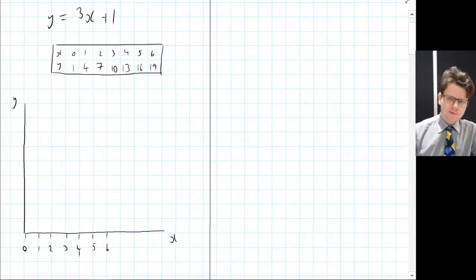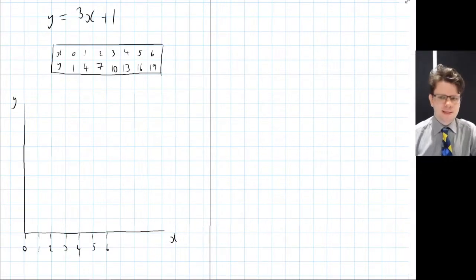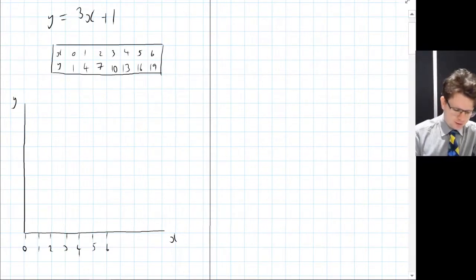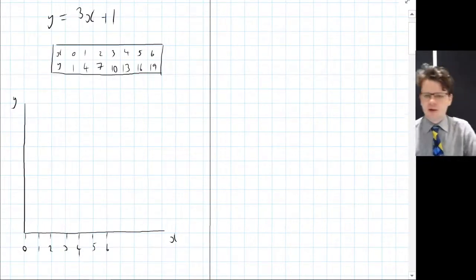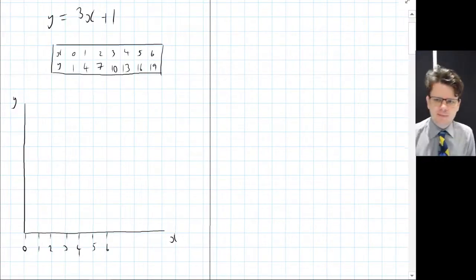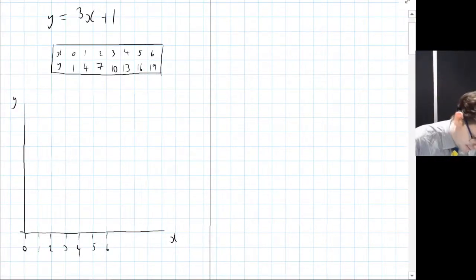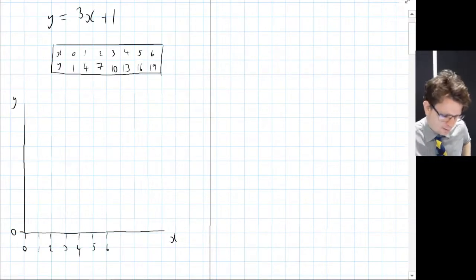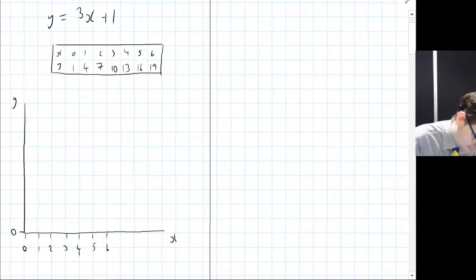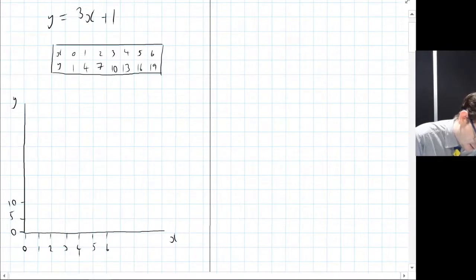Now I've got to be a bit more careful because it's got to go all the way up to 19. So if I just went 1, 2, 3, 4, 5, 6 all the way up here, I'd probably run out of space. So I might go up in something a little bit faster. So let's have a go. 2, 4, 6, 8, 10, 12, 14, 16, 18. Doesn't quite work. So I might go up in 5s. 0, 5, 10.